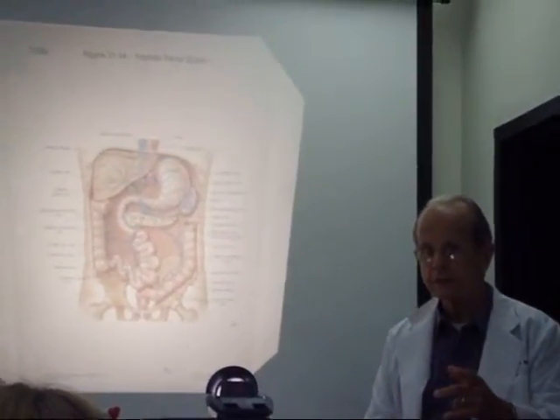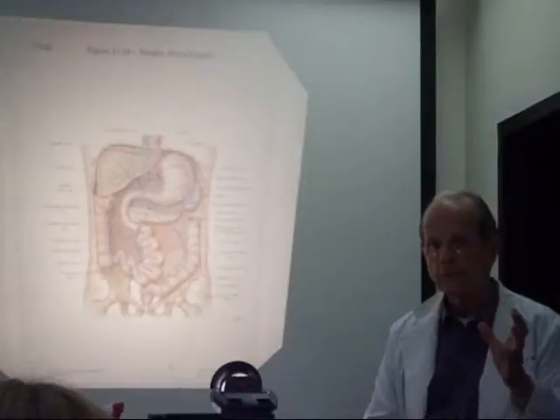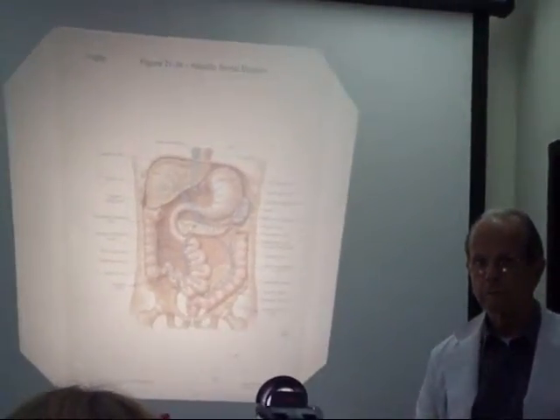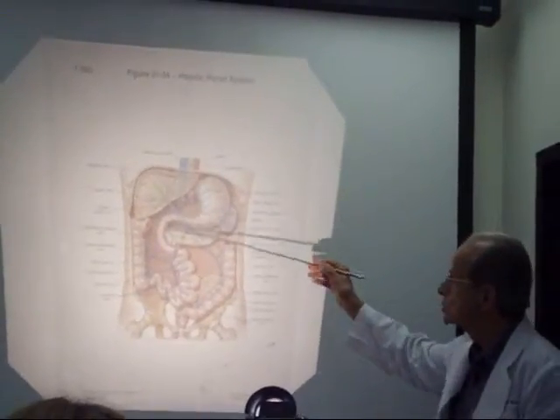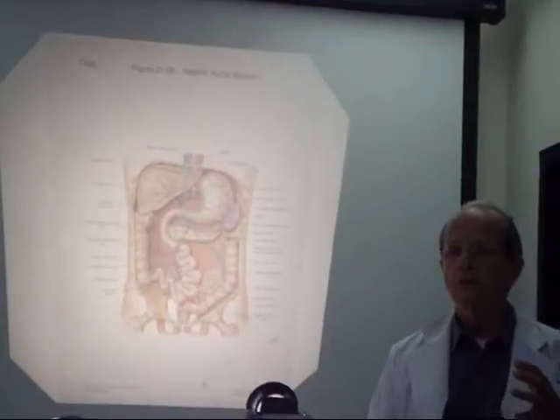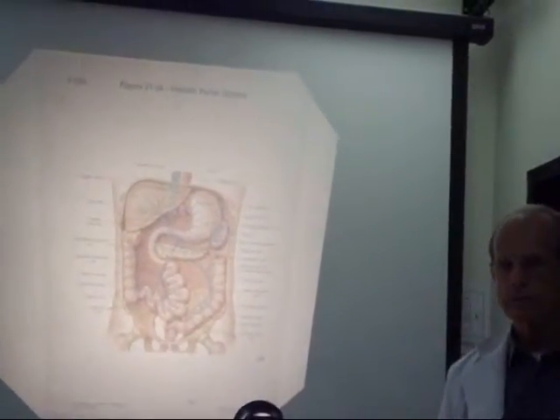The liver processes that blood and then drains its blood into the inferior vena cava. So this whole system that I'm showing you here is called the hepatic portal system.